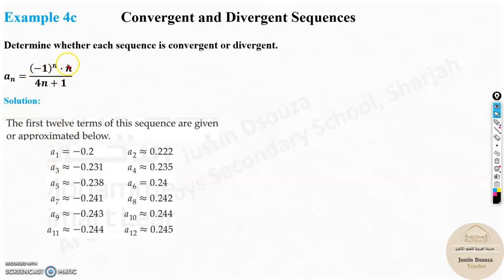Put 1 instead of n, and you can solve it in a calculator. If you want A8, all you need to do is put 8 over here and just solve. It will be minus 1 to the power 8, into 8, divided by 4 times 8 plus 1. Put it in the calculator, you will get the answer. So very straightforward.